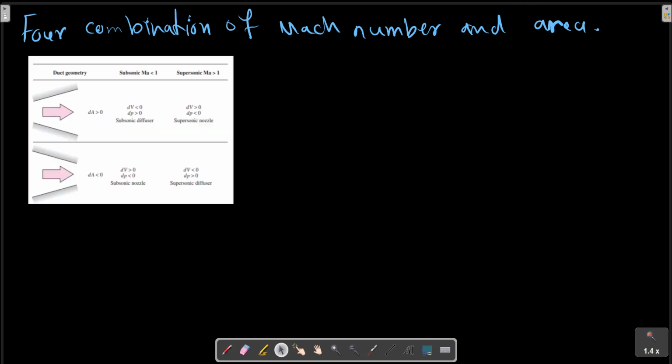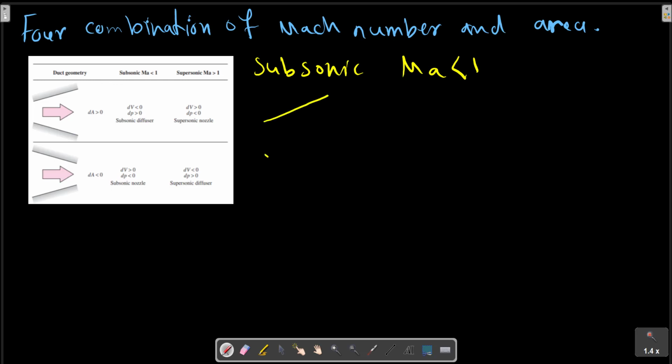As shown in this picture, we have subsonic, Mach smaller than 1. For duct geometry, we have two different duct geometries.